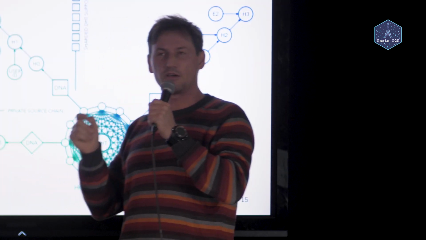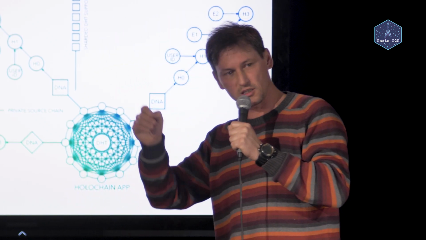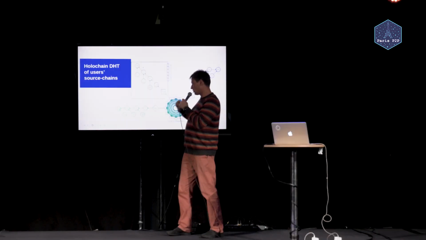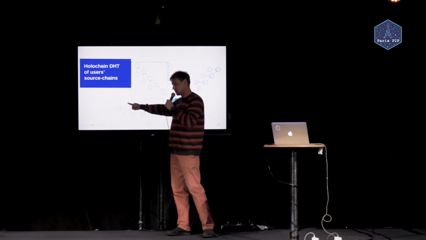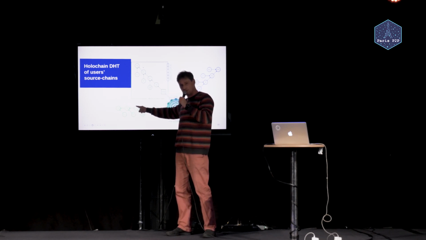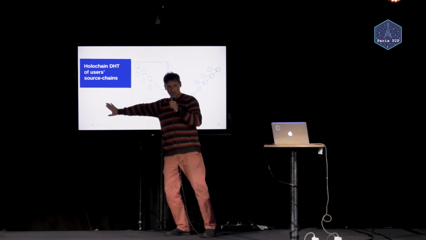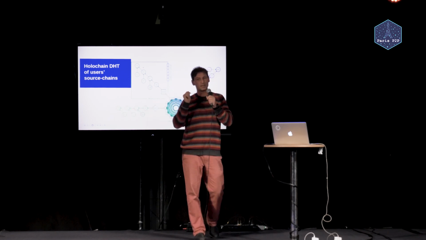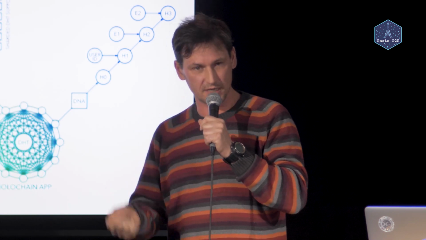This is why we are put in the same bucket as blockchain, because we also have chains of blocks. But this chain of blocks is stored locally, and it's only for making sure that nobody can tamper with information that was previously written. So this is my local source chain. It's on every device that I'm using, and each transaction is cryptographically signed by my cryptographic key, which is my identity, which gives me full control over my data.